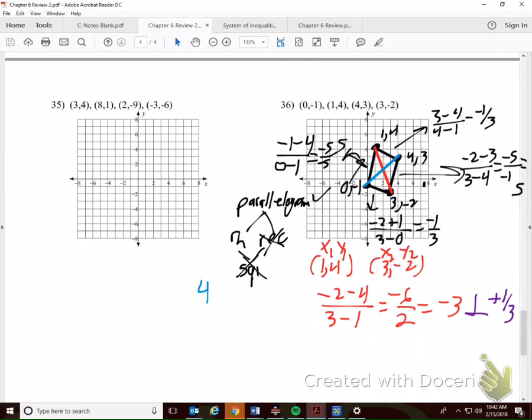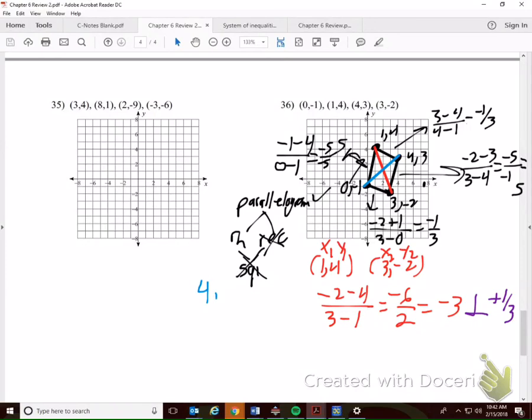Anyway, so here we're looking at negative 1/3. That's the slope of the red line. In order to be perpendicular, you would need a positive 1/3 slope. Take the 3 over 1, flip it upside down, that gives you 1/3.